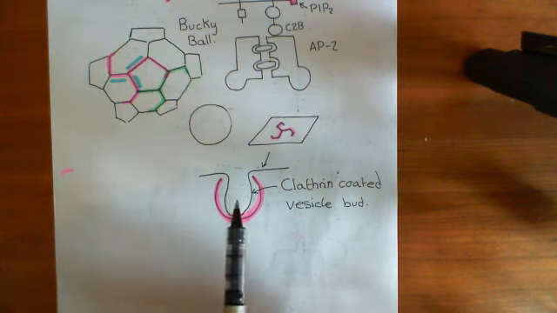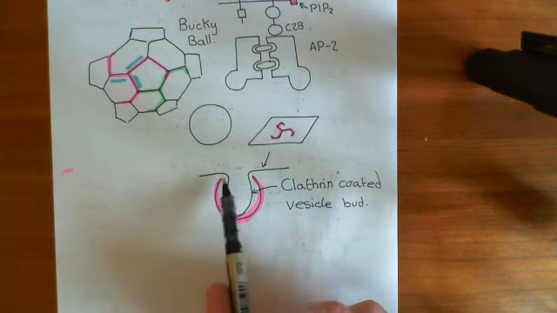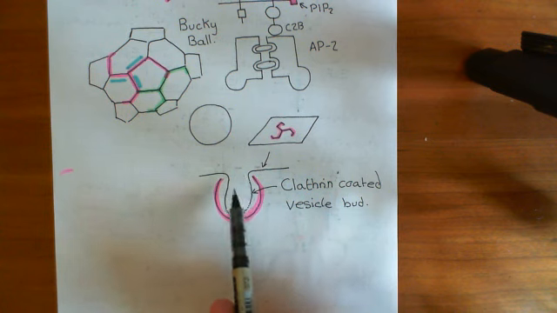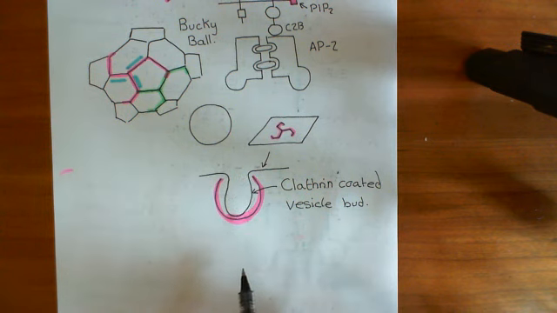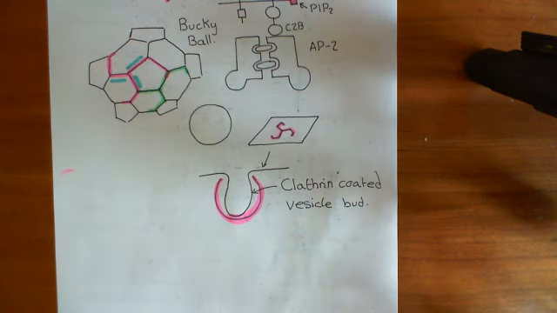The final step of Clathrin-mediated endocytosis is what requires the action potential to be there. And the final step is the pinching off of the Clathrin-coated vesicle bud's neck.